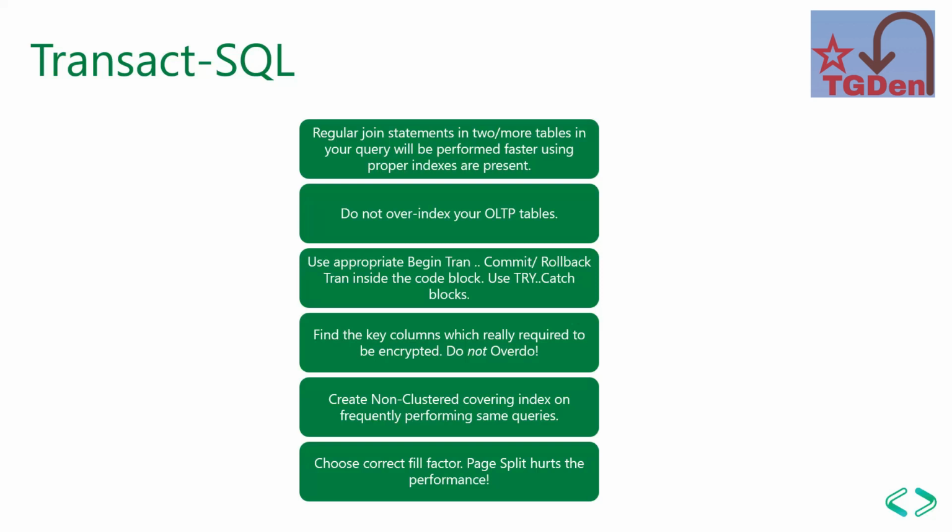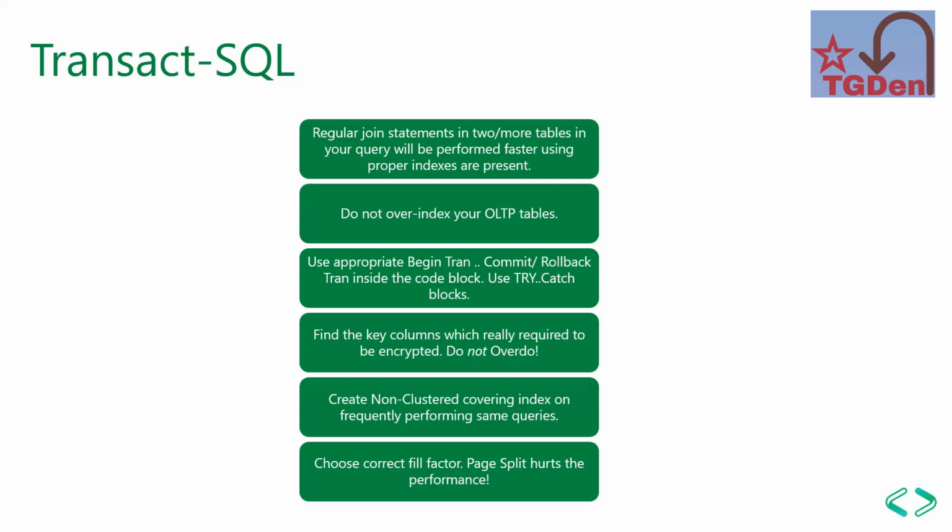The next point is, choose the correct fill factor. Page split actually hurts the performance, which is another very important point. When it comes to an OLTP application, what happens? Each piece of data is actually residing in pages, correct?